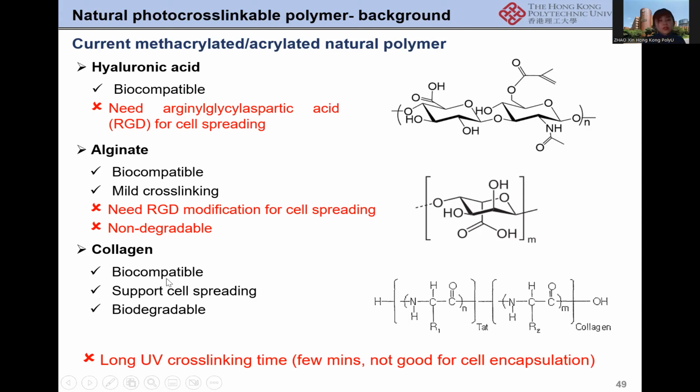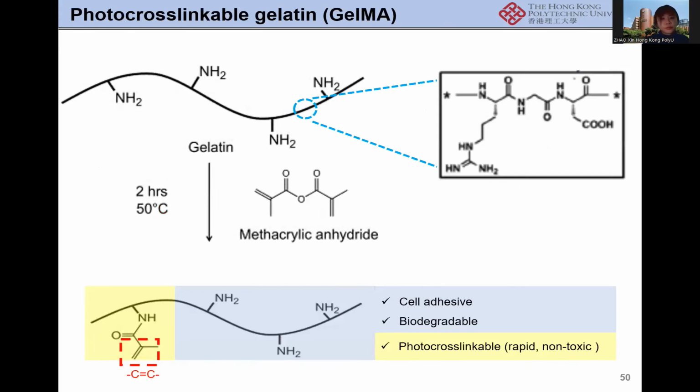We also have the photo-crosslinkable collagen, but the problem is that the current method to make collagen photo-crosslinkable is difficult to control. And for all these materials, when we use light to crosslink them, it takes a very long time, which is not good for cell encapsulation.